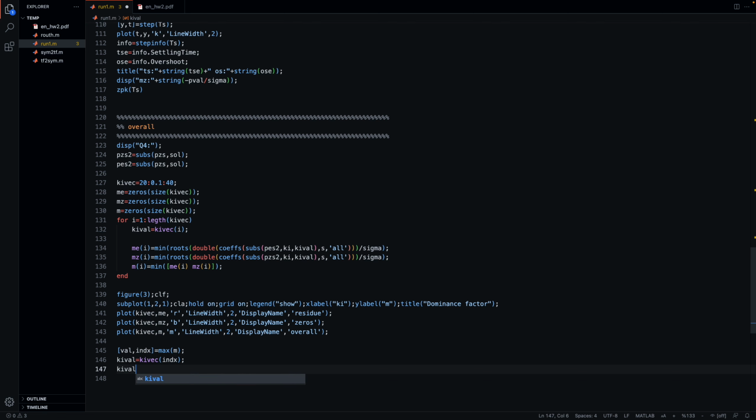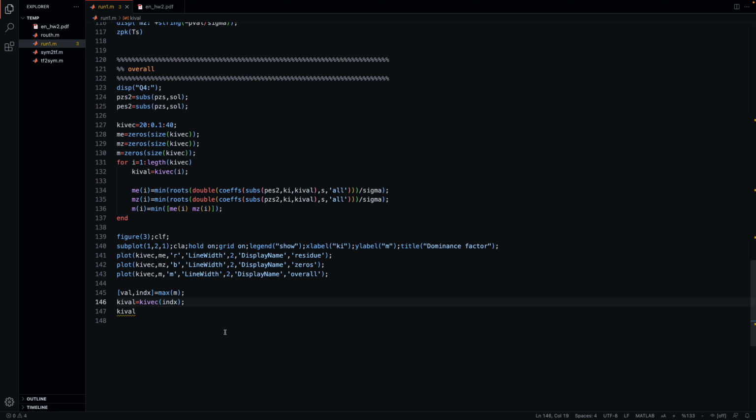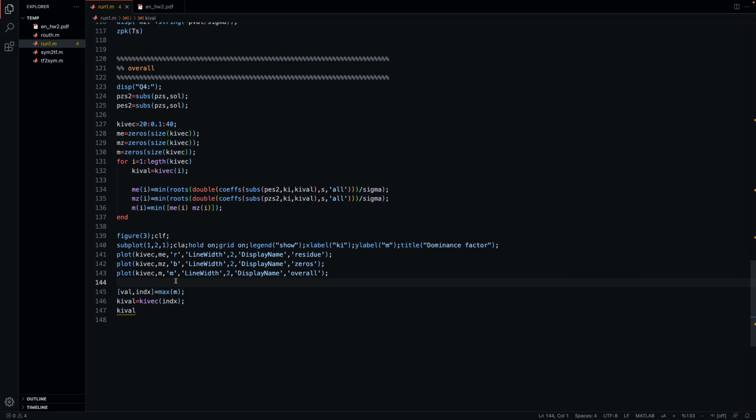So let's show ki val here. I could also plot it here, so let me maybe do that too. Plot ki value, comma value, or m index, whichever you prefer. Let's have that.